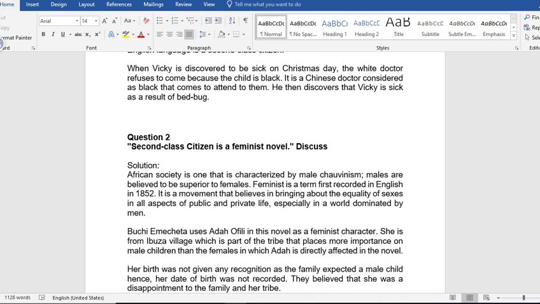Feminist is a term first recorded in English in 1852. It is a movement that believed in bringing about the equality of sexes in all aspects of public and private life, especially in a world dominated by men. That is, that movement was established to bring about equality between the sexes, that is, male and female.